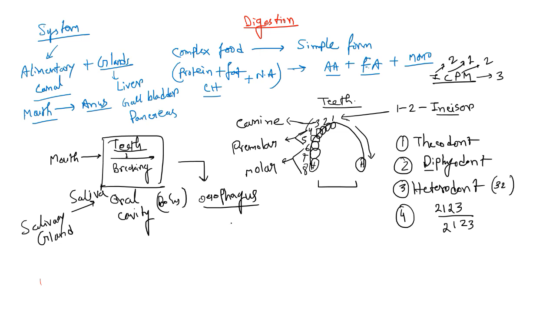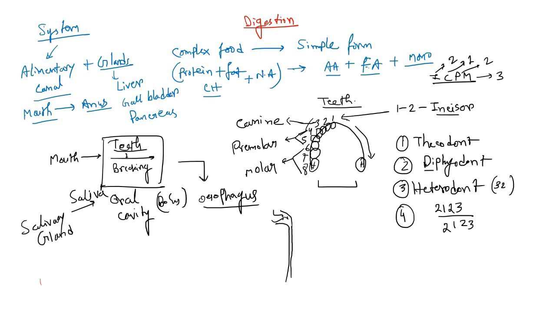Got it? And there is a structure known as the epiglottis, which prevents the entry of food into the glottis, because the pharynx opens into the esophagus and trachea both at the same time. So basically the esophagus goes like this, and it has a wider connection here, a connection coming from the oral cavity and a connection from the nasal cavity.